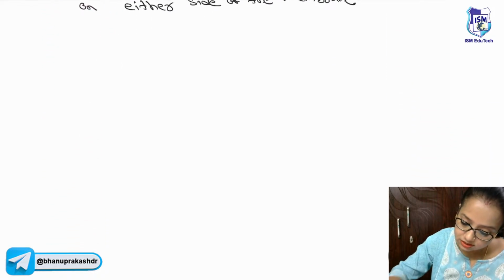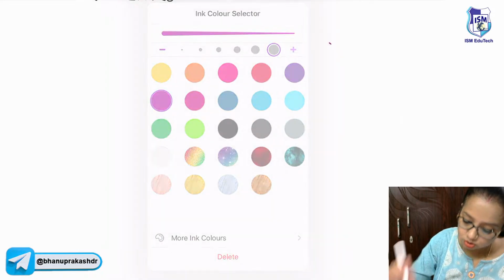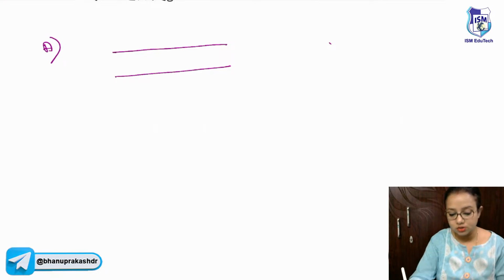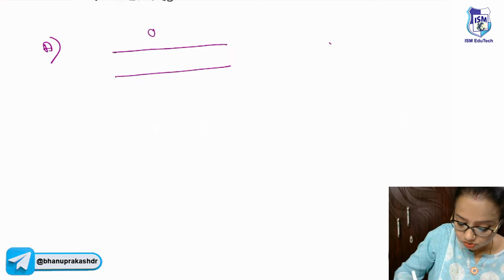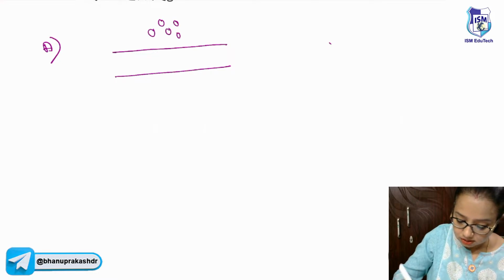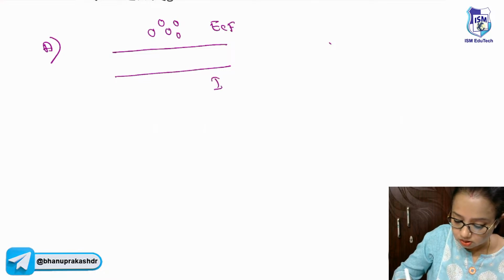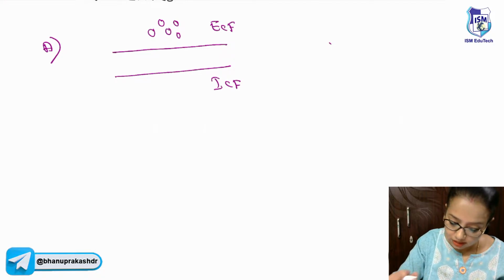So how do we understand this one? Just for better understanding, let us draw the cell membrane again. Say this is the cell membrane. This is case A. Okay. So see here, suppose these are the molecules that have to be diffused from ECF to ICF, of course with the help of the carrier protein.